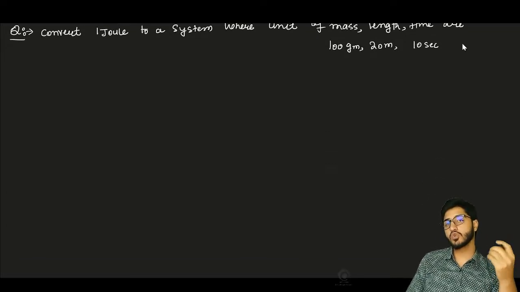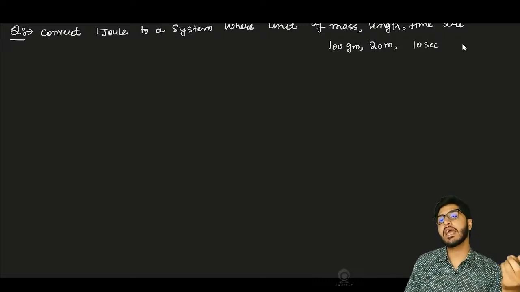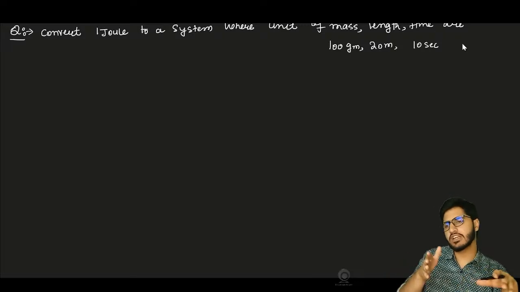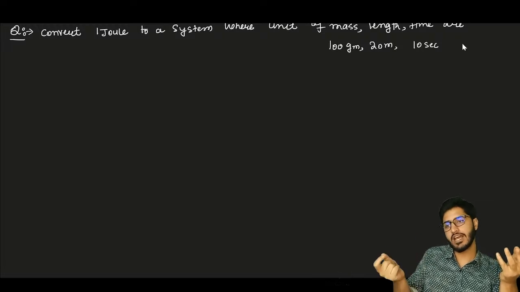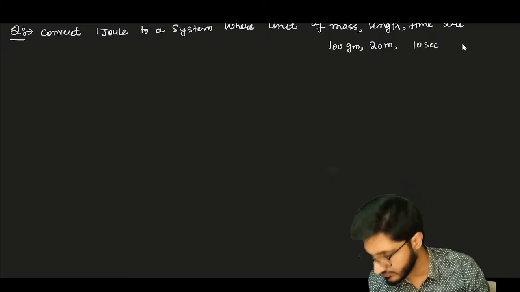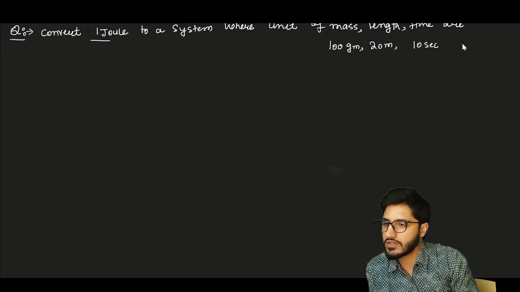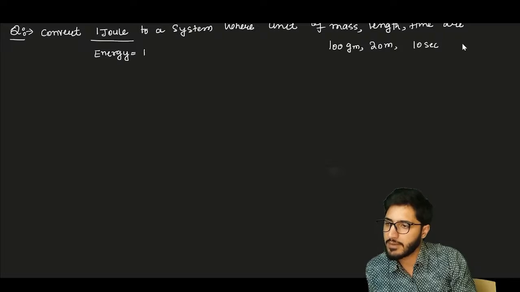So what is joule? Joule is energy. What is the formula for energy? ML2T minus 2. We have to convert it to a different unknown system of unit in which mass is 100 gram, length is 20 meter, and time is 10 seconds. Now look, we are having 1 joule. Joule is energy. Energy is ML2T minus 2.